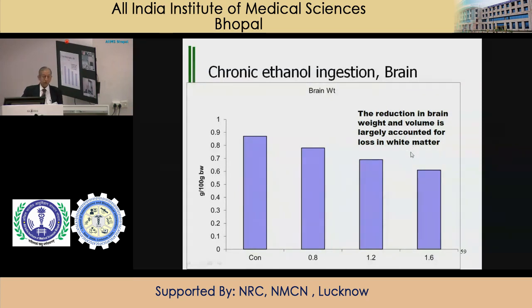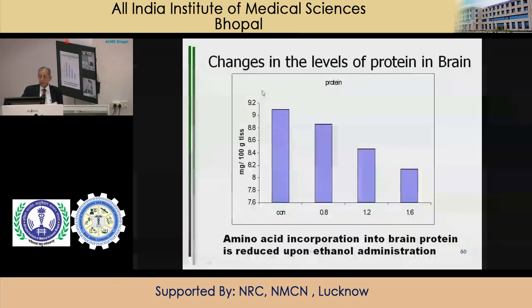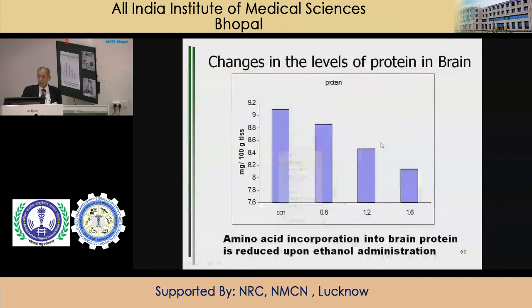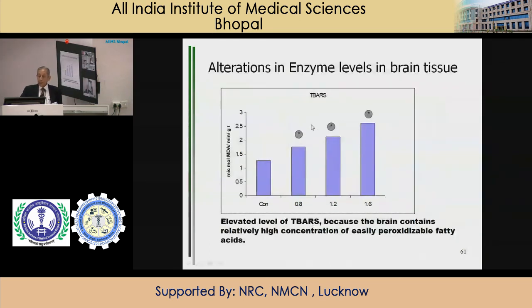The reduction in brain weight and volume is largely accounted for by loss of white matter. Here, the proteins in brain are reduced as the concentration of the alcohol is increased.